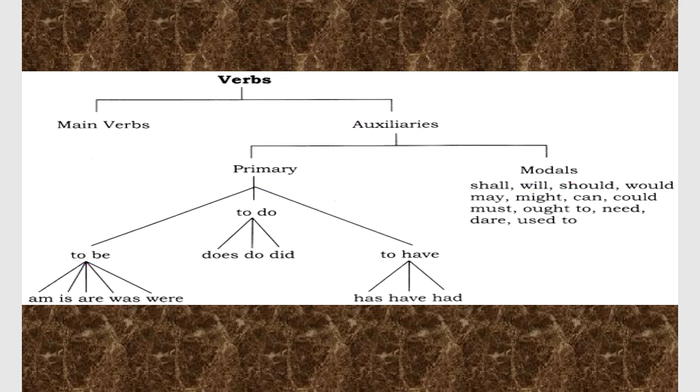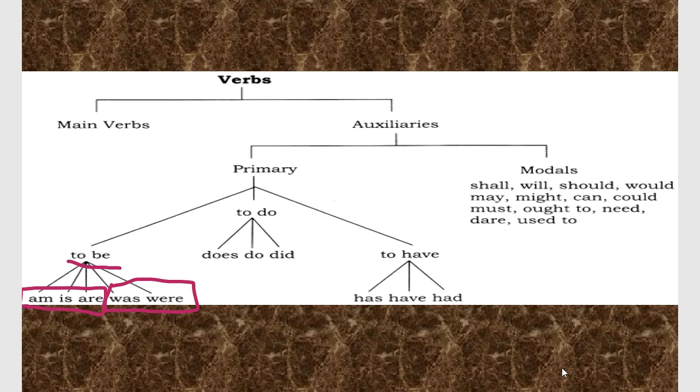Now, what are these to be, to do, and to have verbs? For example, the to be verb can be divided again into types: is, am, and are in the present form, and was and were in the past form.